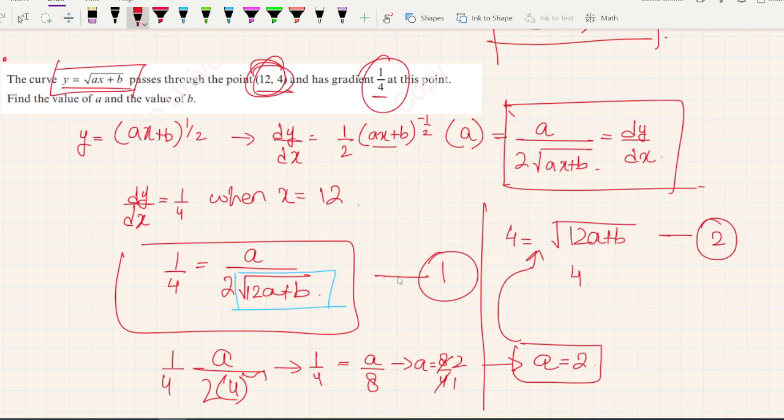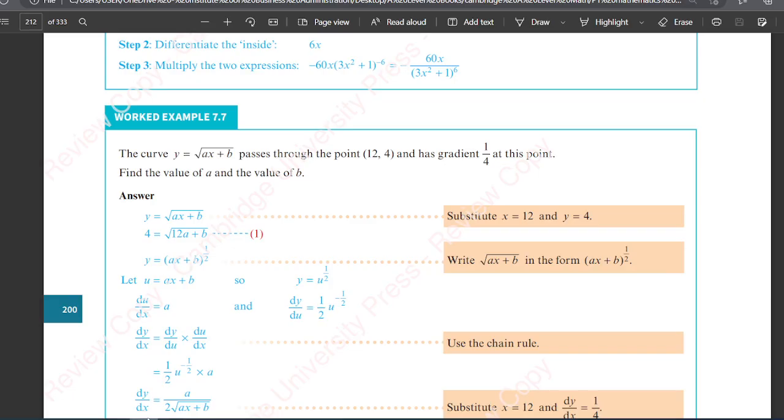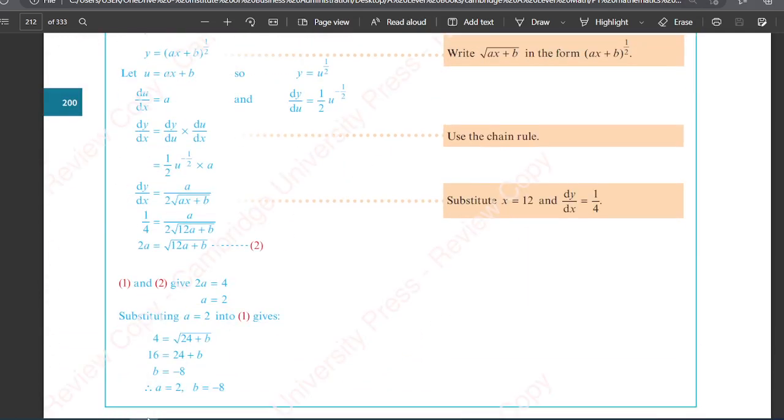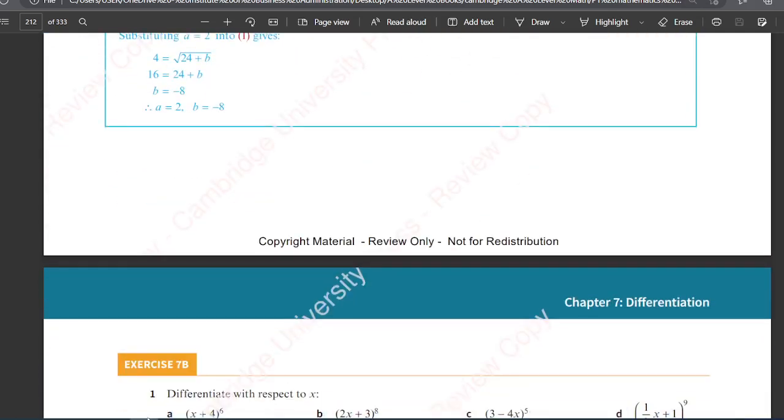So 4 equals to root of 12 times 2 plus b. If you square both sides, 16 equals to 24 plus b, and this gives me b equals to minus 8. So this is how we differentiate when we have a bracket and a power of the bracket.